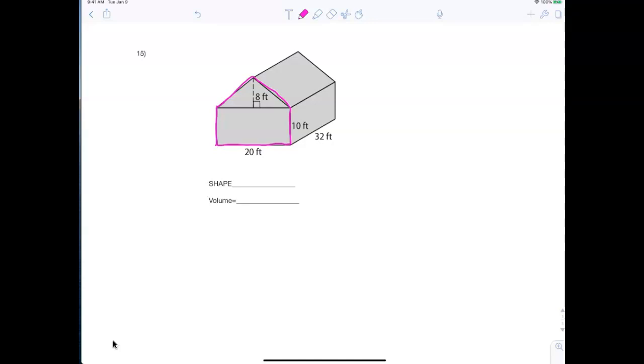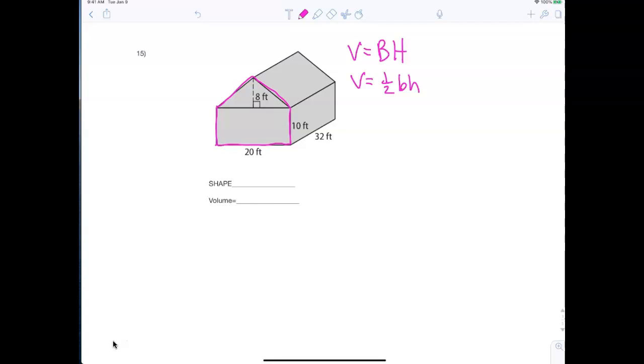So what I'd like for you to do is say the volume again is capital B times capital H. Then underneath that, write volume is equal to, well, we have a triangle. What's the formula for area of a triangle? 1/2 BH. Then we have a rectangle.